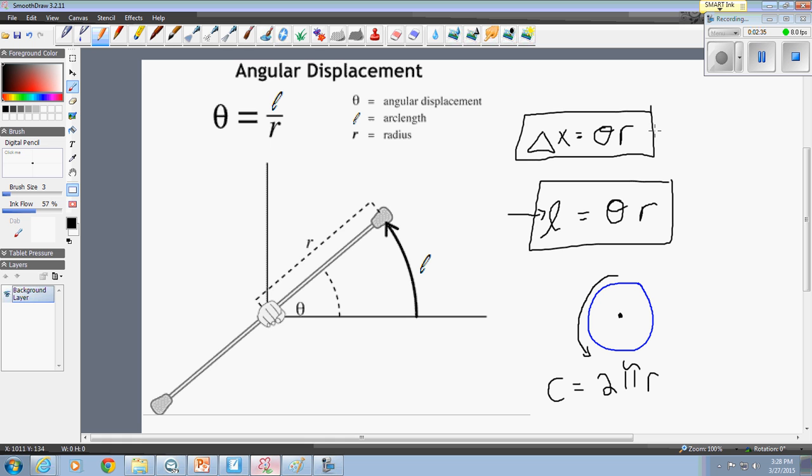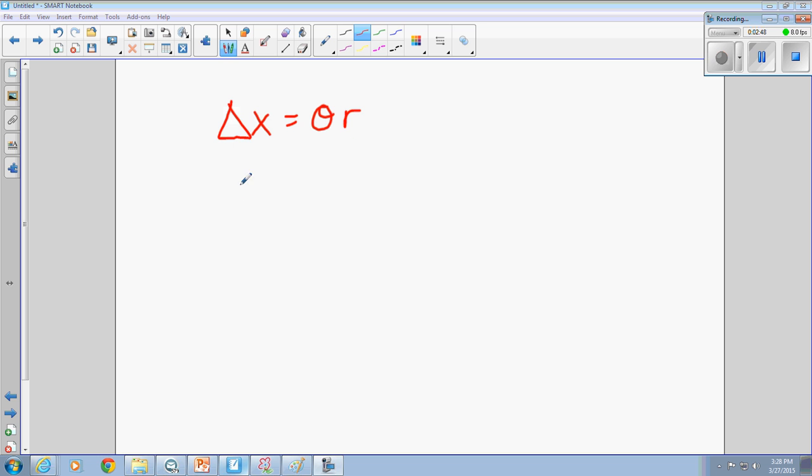Similarly, we can take this and understand that if we have this formula, we can relate that. We know that that is change in velocity over time, and we know this is change in angular speed times radius.